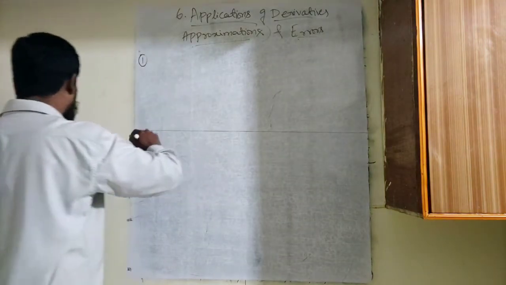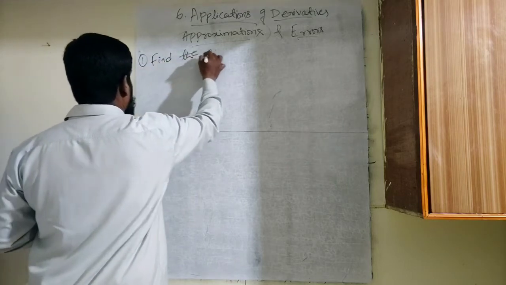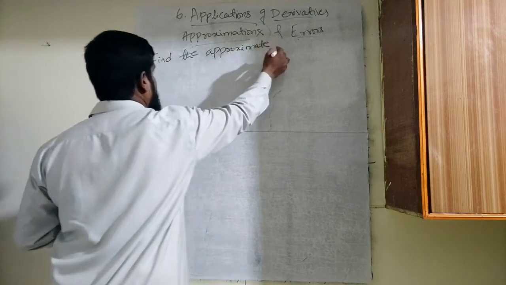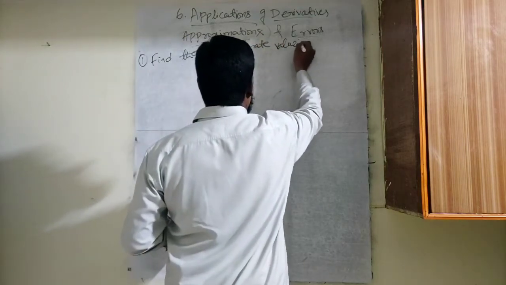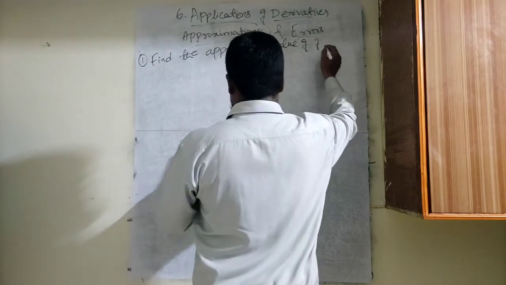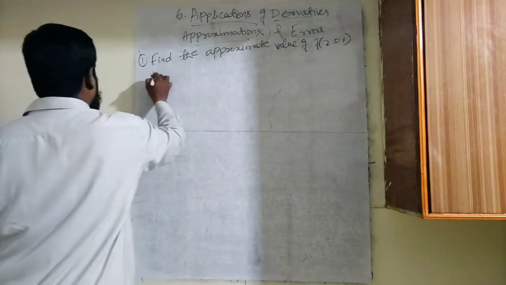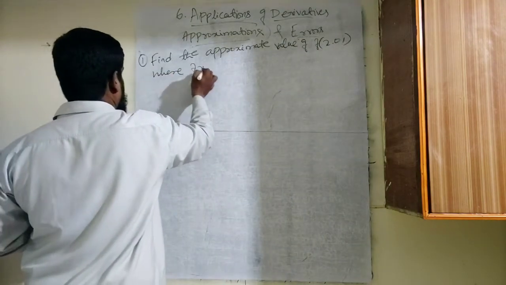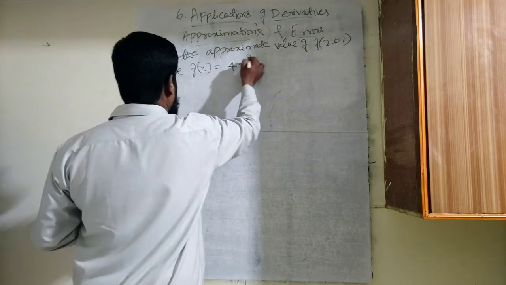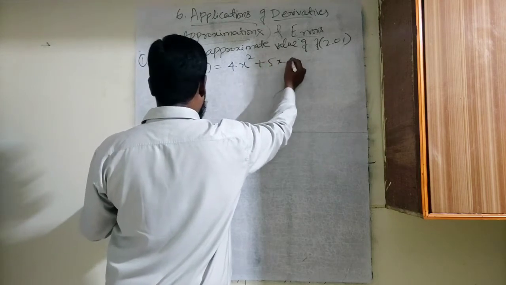So now this time, find the approximate value of f of 2.01, where our f of x is equal to 4x square plus 5x plus 2.